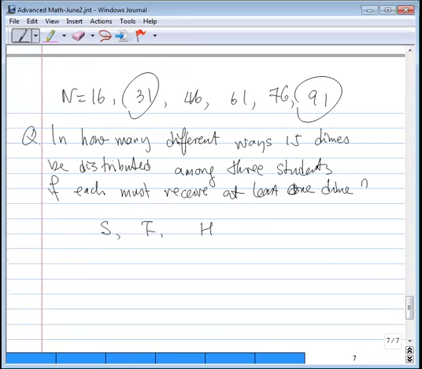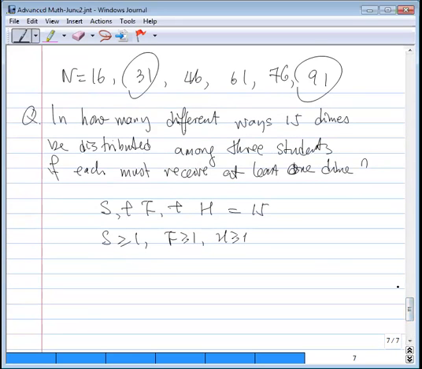And then you have 15 dimes. So that means if the first student gets S dimes and the second one gets F, the sum should be equal to 15. And each of them should be at least 1. And we want to see how many combinations you're going to get.